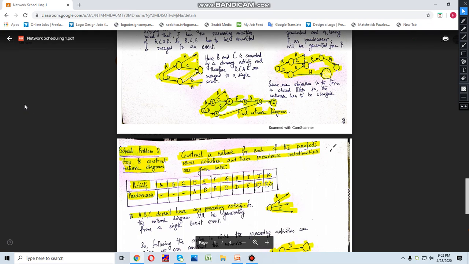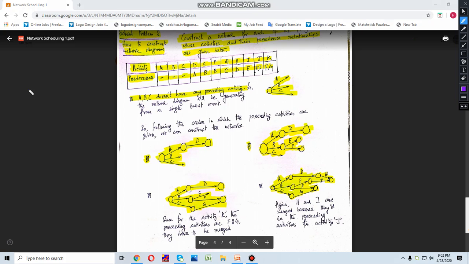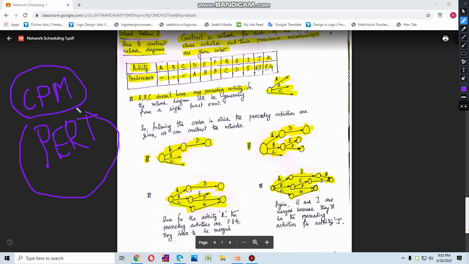So we have two different scheduling techniques. One of them is called CPM, that means critical path method, and the second one is PERT. Okay, so we'll be dealing with these two scheduling techniques in the next two lectures.